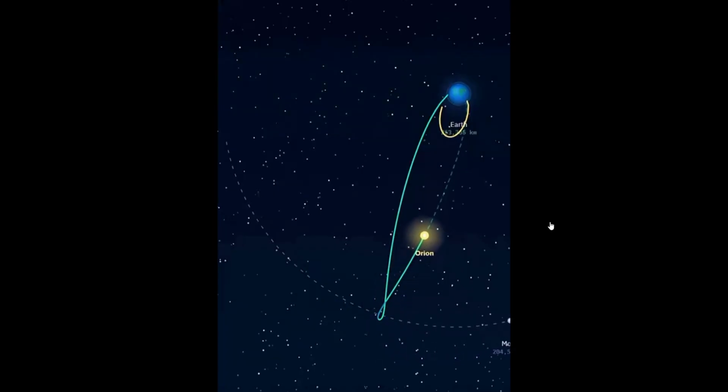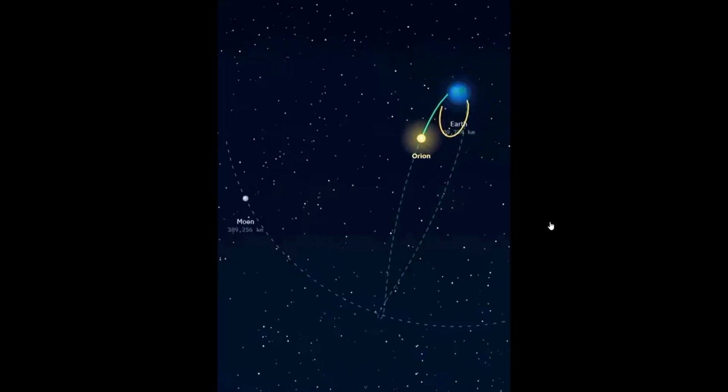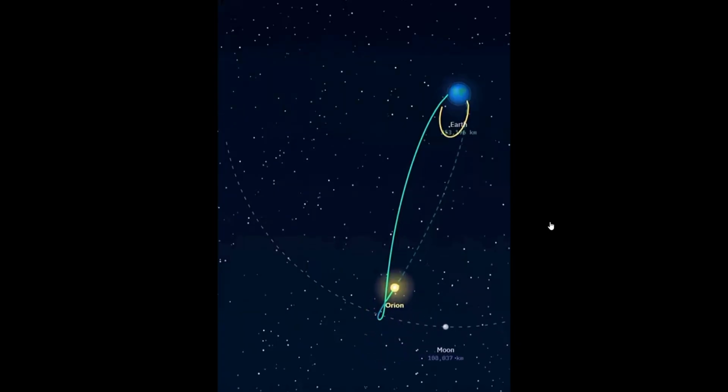So what we're going to do today is set up an integral that determines how much fuel we're going to spend if we go on a certain path. Once you have that equation, then you can do a differential equation to solve for the best path that minimizes the amount of fuel.